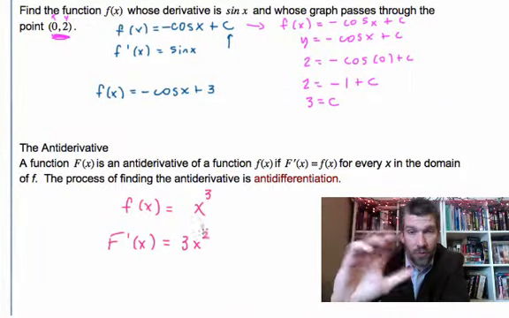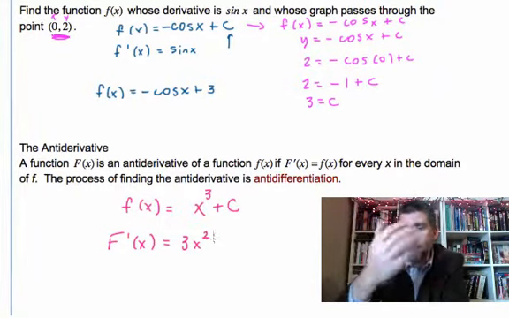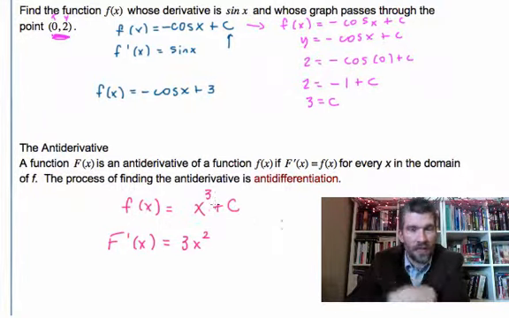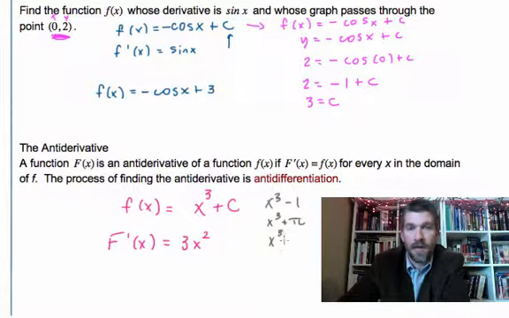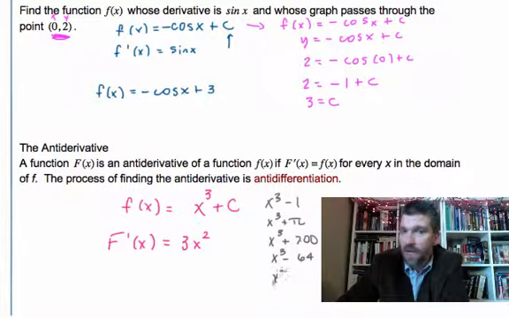Now how do I get that 3 to go away and just become a 1? It'll take a little bit of practice, but notice some relationships right here. I increase my exponent by 1, going from 2 to 3, and then I divide by the 3, and that gives me 1.